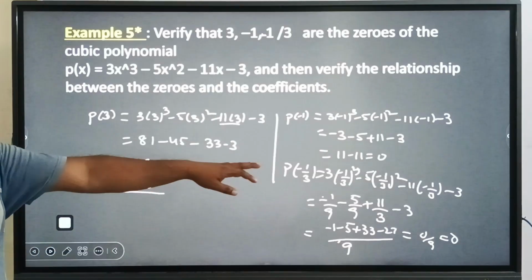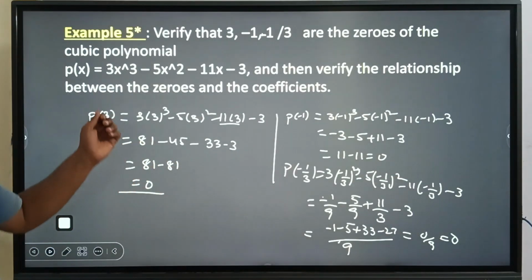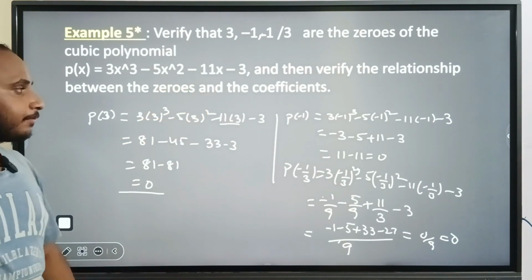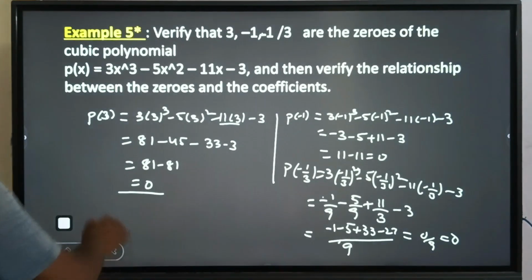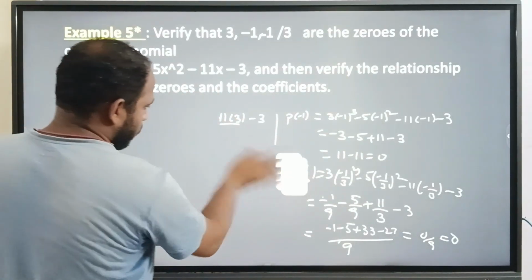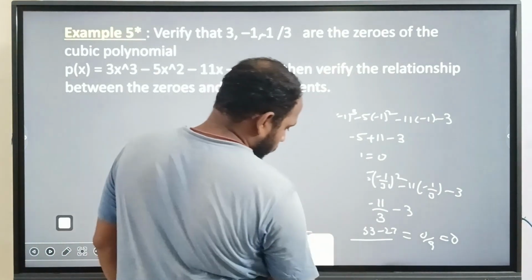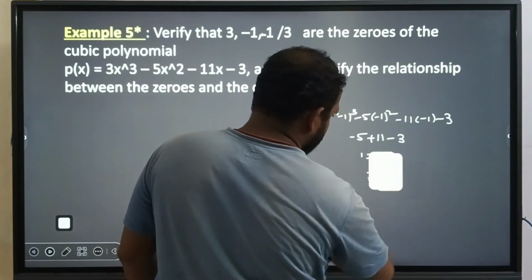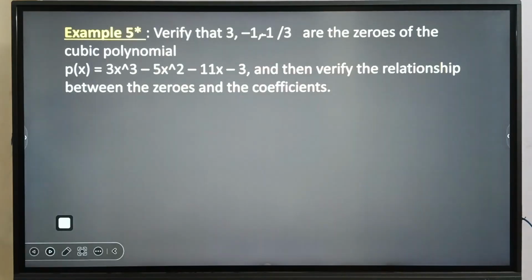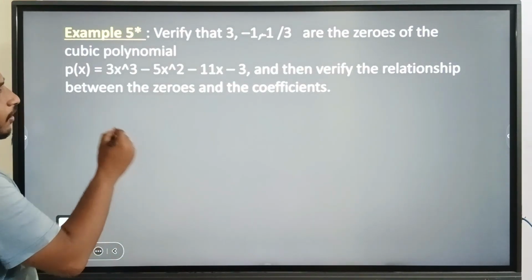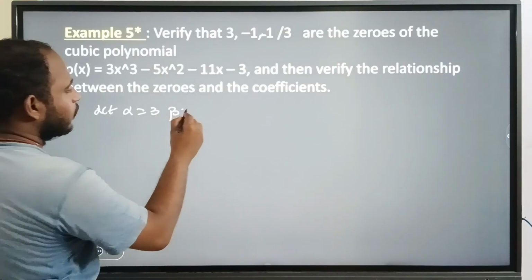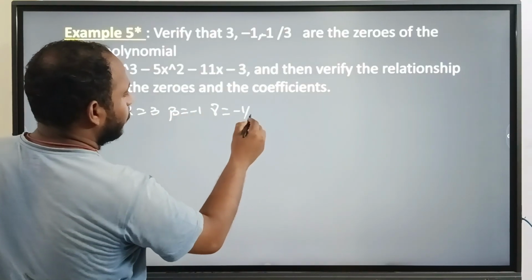Therefore, 3, minus 1, minus 1 by 3 are the zeros of the polynomial 3x cube minus 5x square minus 11x minus 3. Now, we have to find the relationship between these zeros. Sum of zeros: let alpha equal 3, beta equal minus 1 and gamma equal minus 1 by 3.